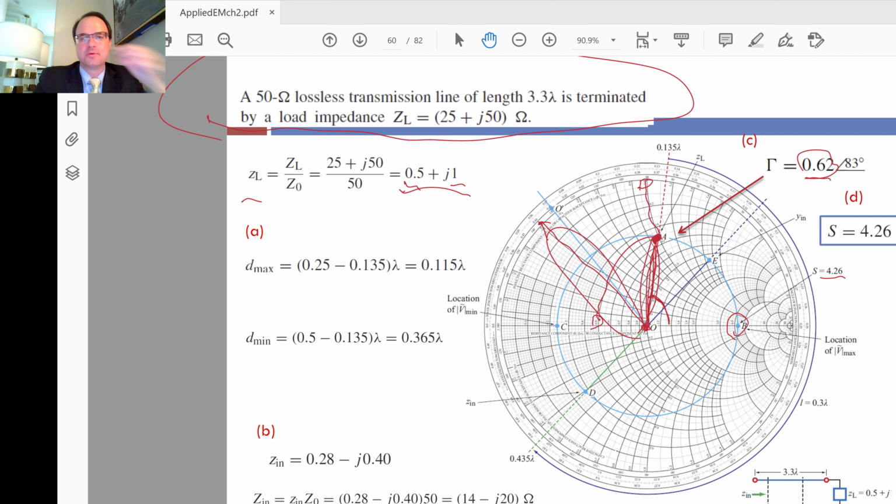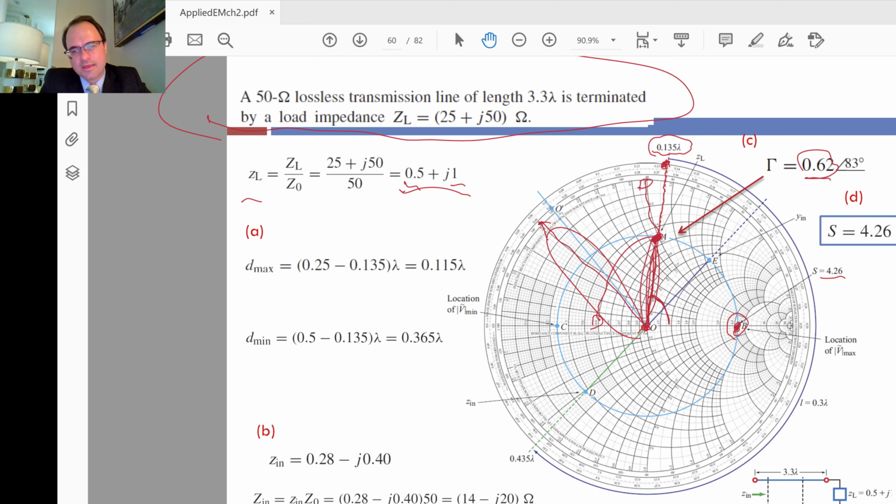We have this at the load, and this is the position of the first voltage maximum along the line, and we do what we have said before. We go up to the relevant tick mark on the ruler, and this is right at the load, so that number corresponds to the load location.